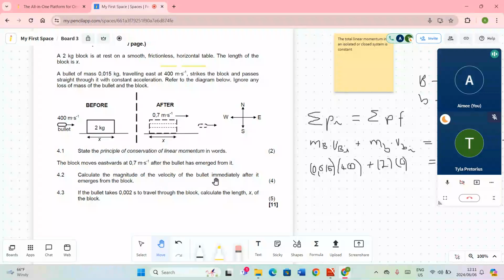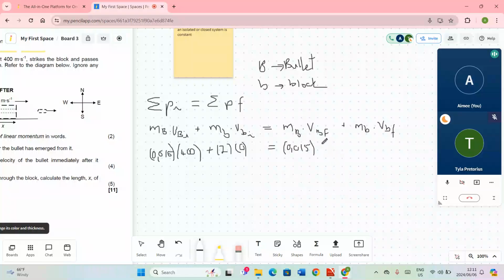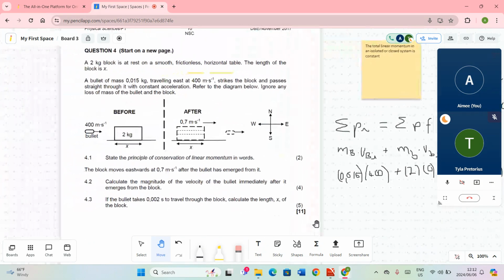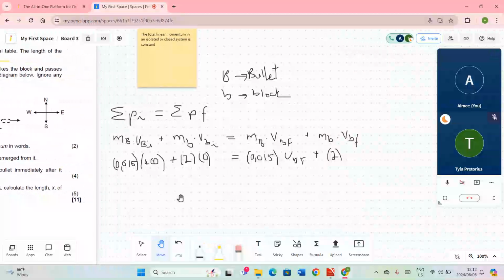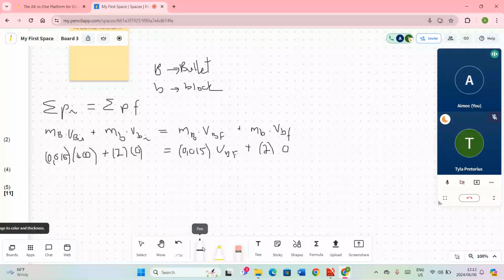The final velocity of the bullet is what we're calculating, so we leave that as VF, the velocity of the bullet finally, plus the mass of the block, which is 2, multiplied by the velocity of the block at the end. They say the block moves eastwards at 0.7 meters per second, so we substitute in 0.7 meters per second.